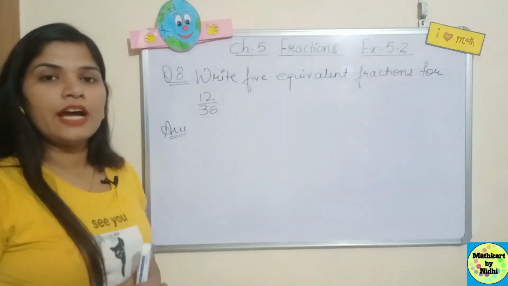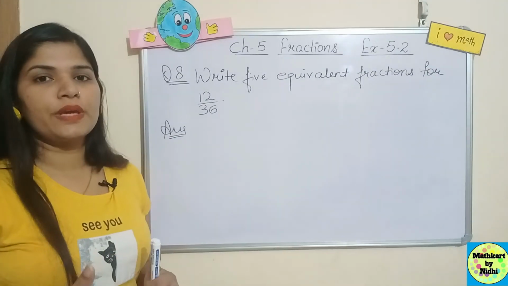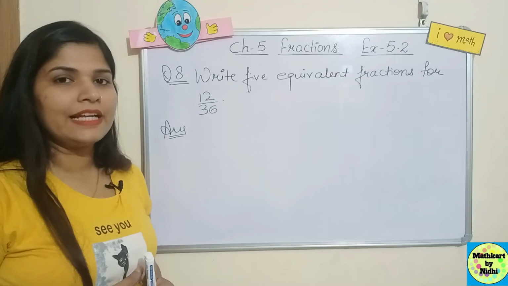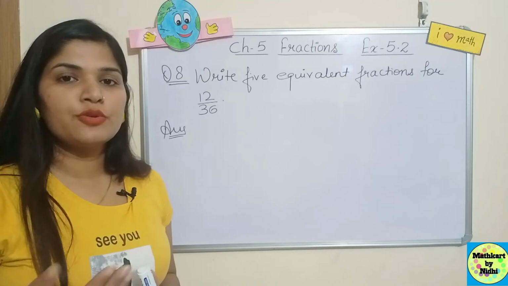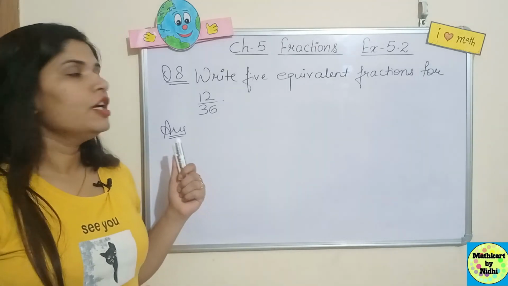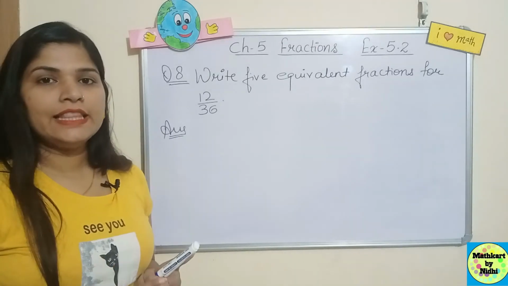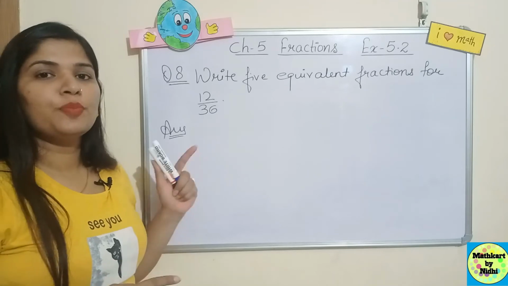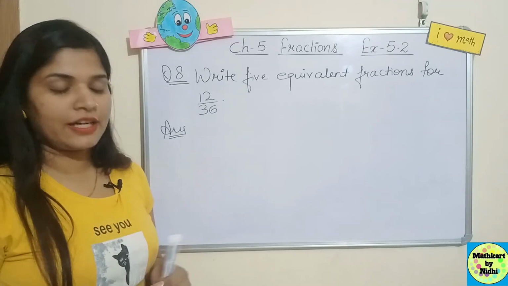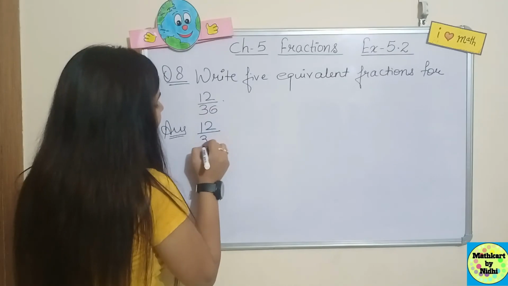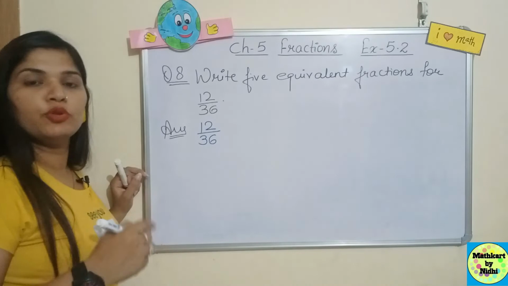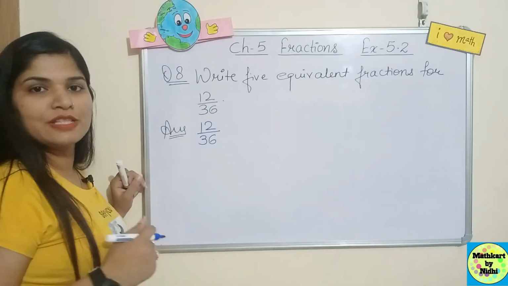Students, in the previous questions, to make equivalent fractions we just multiplied. So here I am showing you that instead of multiplying, we can use the division method also. But in that case we need to take care that the numerator and denominator should have a common factor. Like here we have 12 and 36. We know both are even numbers, so of course they are divisible by 2.